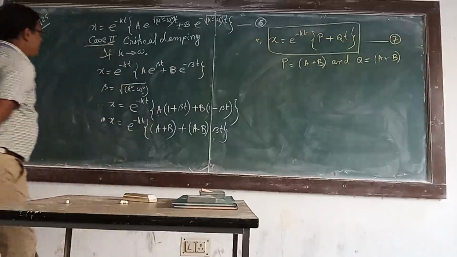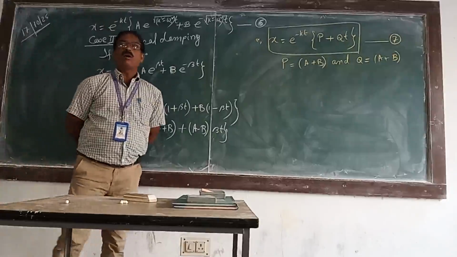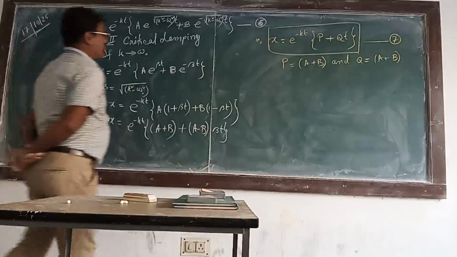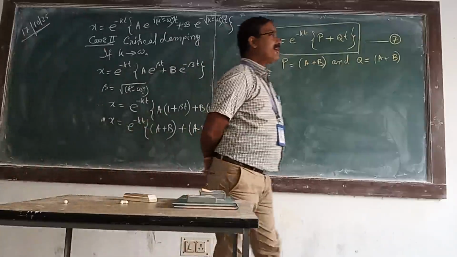And equation 7 is the solution for critical damping.